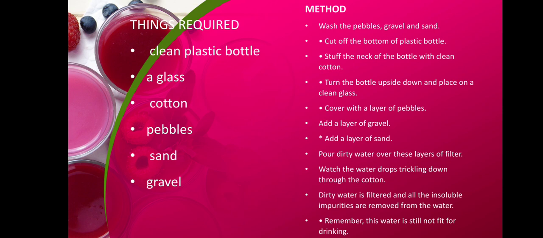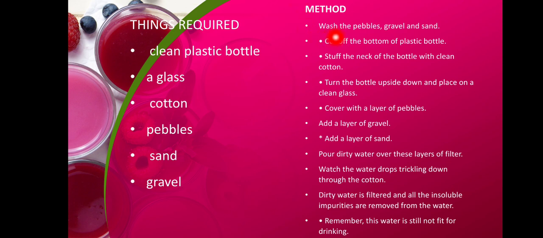Now we can look at the things required for making a filter, which is already given in our textbook. Let us see the exercise which is given in our textbook. The things required are a clean plastic bottle, a glass, cotton, pebbles, sand, gravel, etc. Now, you can look at the methods.